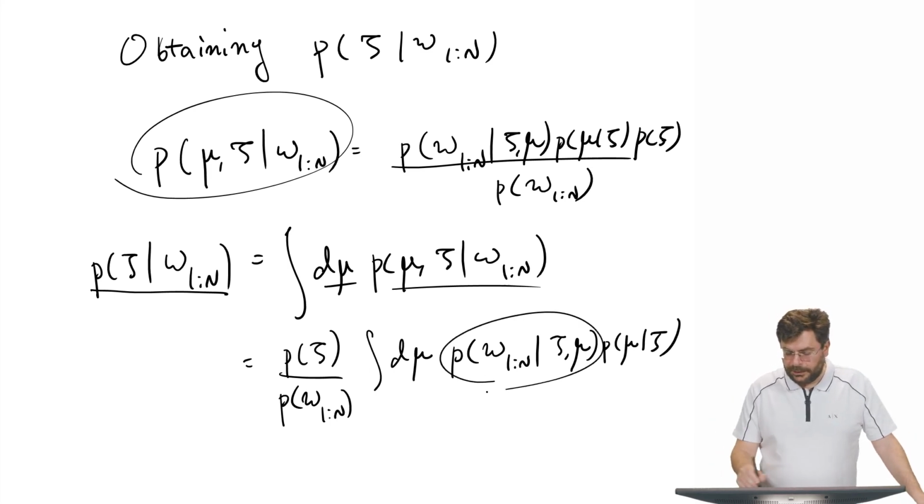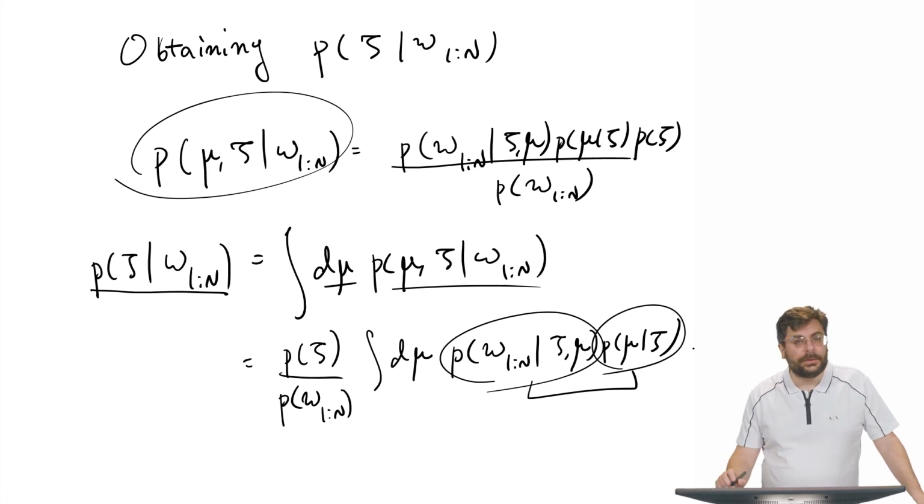Well, this is a Gaussian. That's a Gaussian. The product of the two of them, if I expand the argument of the exponential and recomplete the squares, I can rewrite as a Gaussian in mu. If that's the case, I know how to do a Gaussian integral.